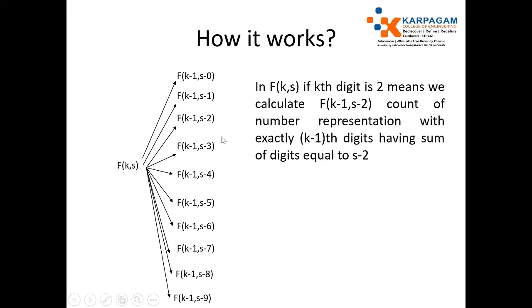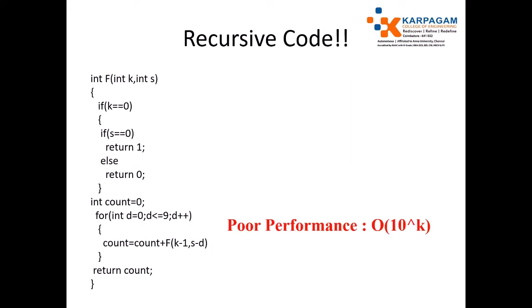Recursively, we can solve this problem. In f of k comma s, if the kth digit is 2 we calculate f of k minus 1 comma s minus 2, the count of number representations with exactly k minus 1 digits having sum of digits equal to s minus 2. So we can solve this problem.